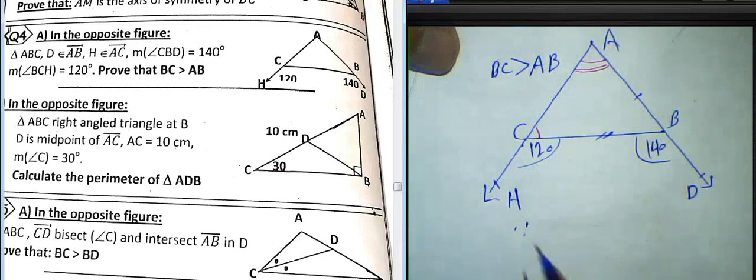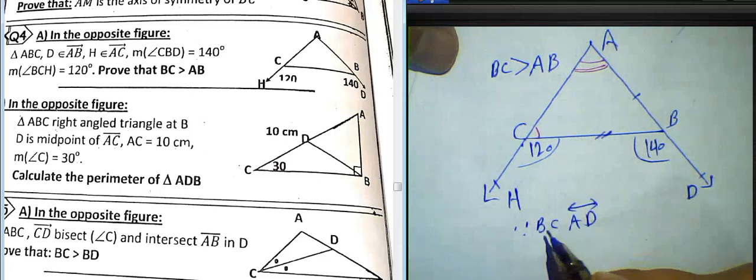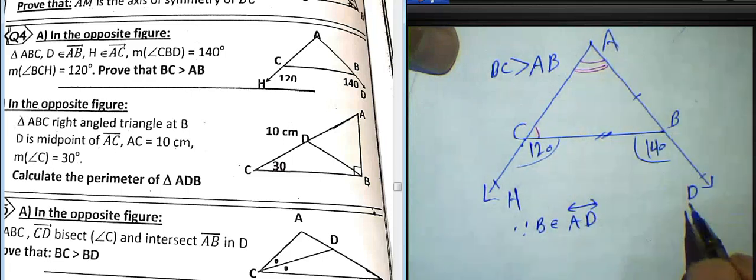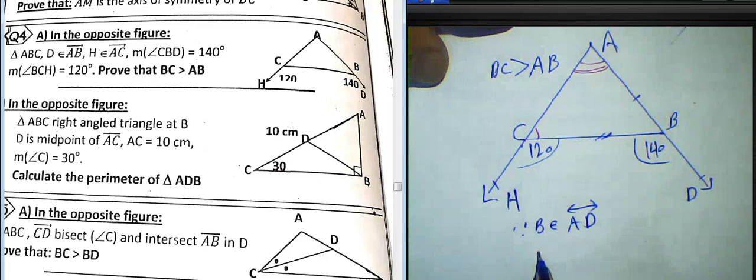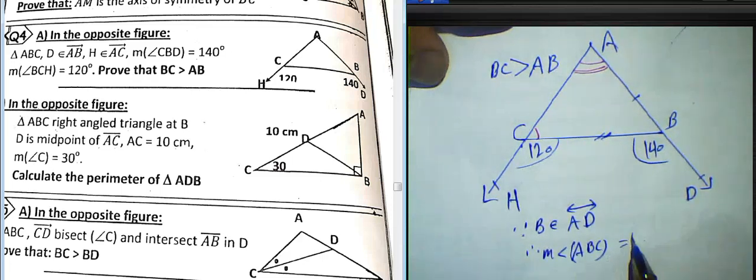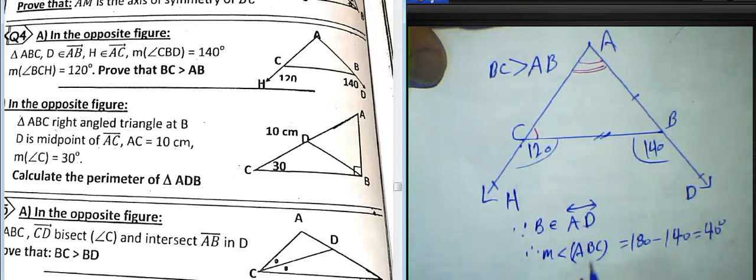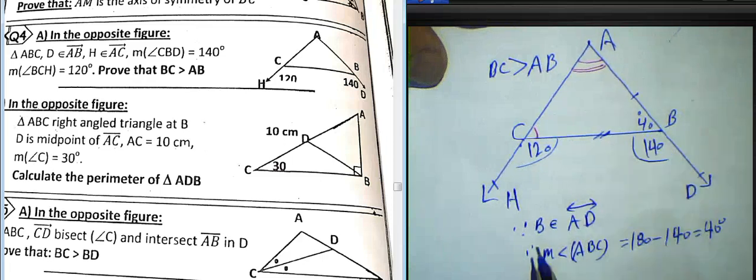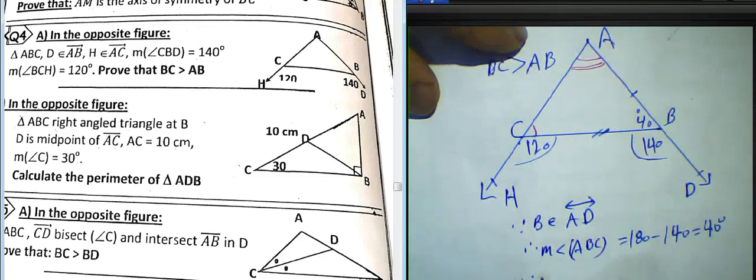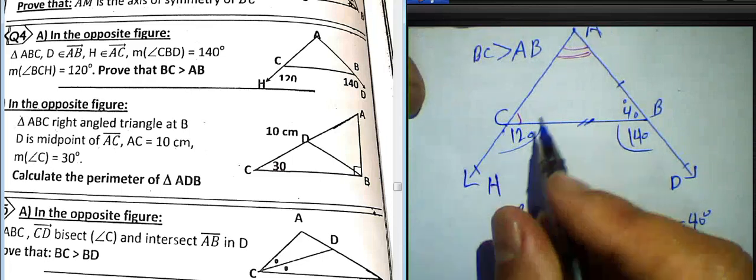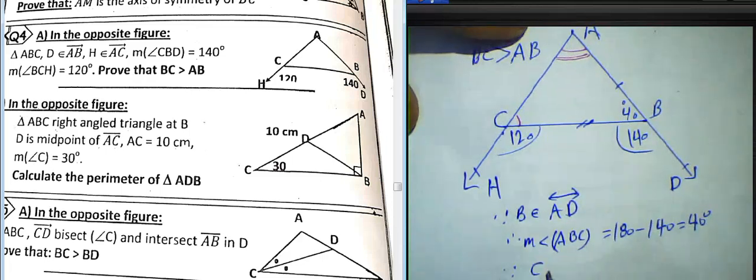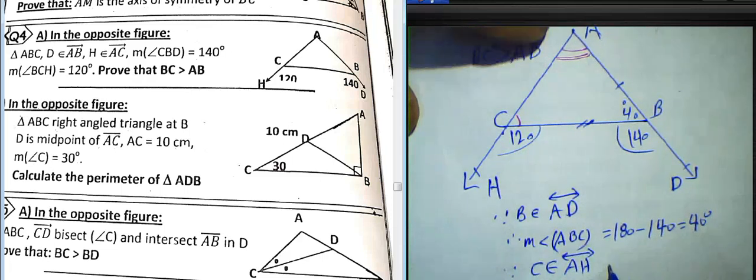We know the proof. We must write first that B belongs to straight line AD. Then measure of angle ABC equals 180 subtract 140 equals 40 degrees. This angle will be 40 degrees. Okay, and we can write again that C belongs to straight line AH.